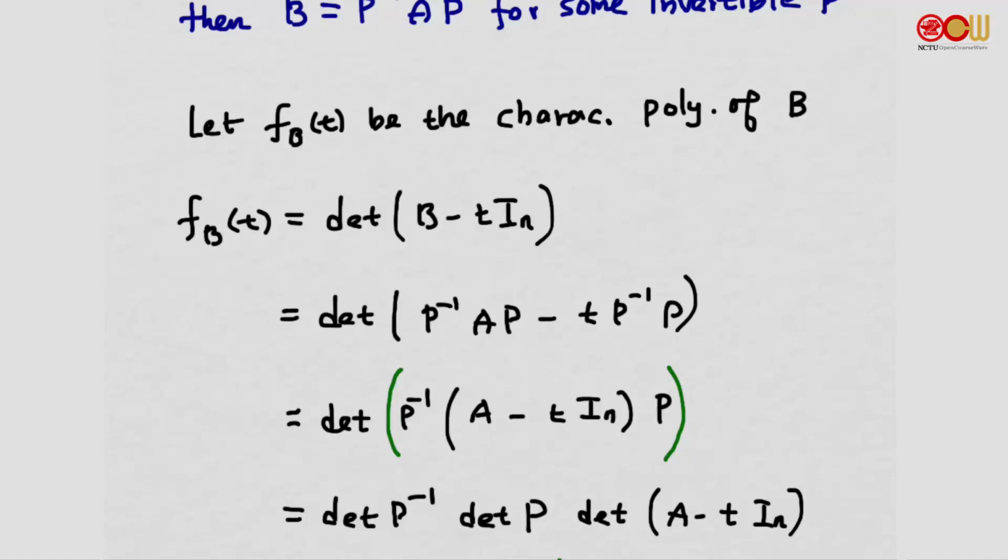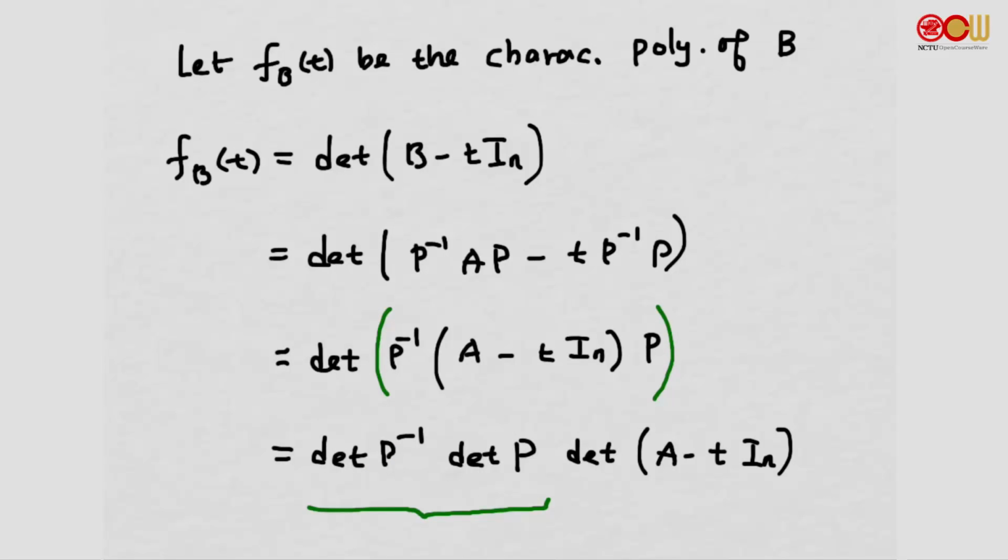And we know we can split this determinant into the product of the determinant of P inverse, the determinant of P, and the determinant of the middle term. And the ordering doesn't really make a difference because now we are talking about scalars.